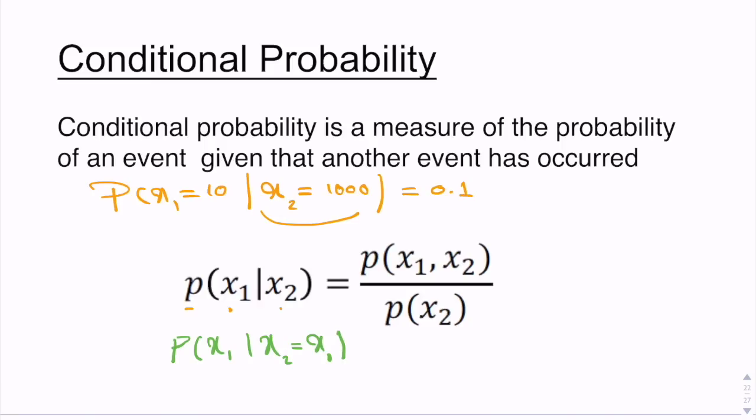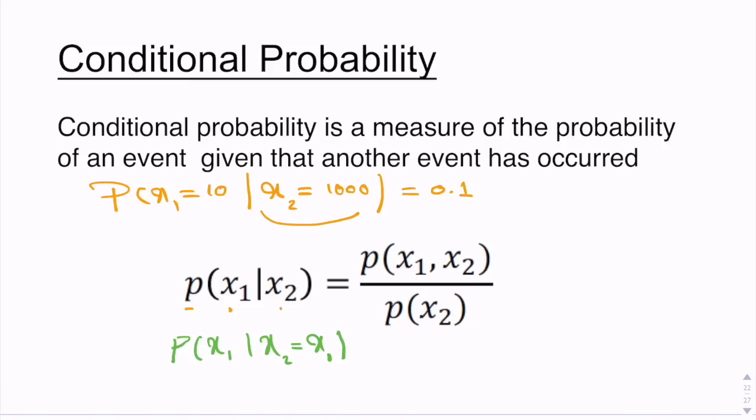But anyway, we don't mention that. So we read it like this: the probability of x1 given x2 is equal to the joint probability of x1 and x2 divided by the probability of x2.